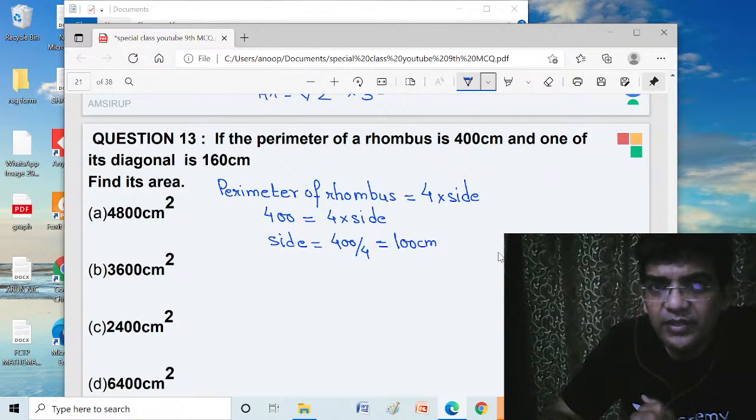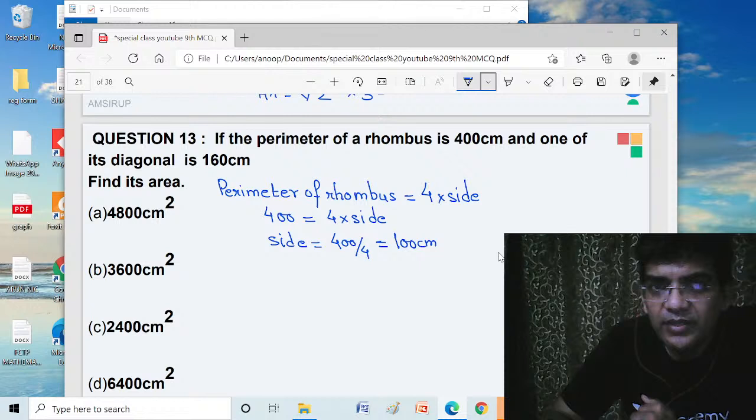So let me draw a rough sketch to make you understand it. I am drawing a rhombus here. So let this rhombus be named as ABCD.